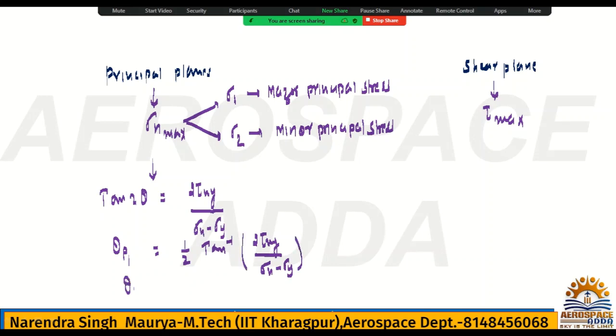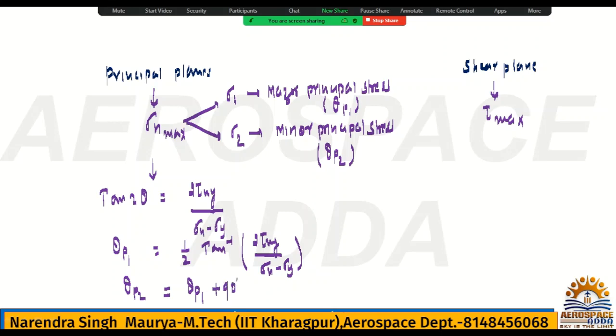And what is theta p2? I mean the second plane. The second plane is nothing but the minor principal plane, and its orientation is theta p2. The major principal plane orientation is theta p1. Hope you understood. So what is theta p2? It is theta p1 plus 90 degrees.